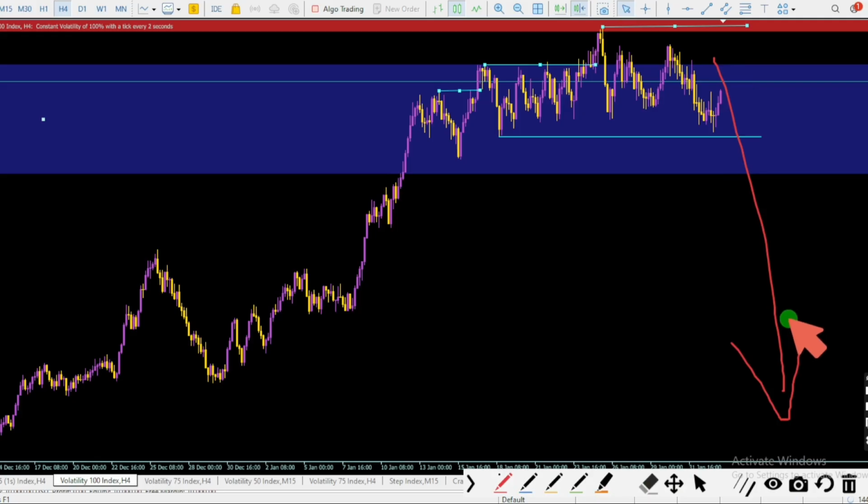So whatever happens, you can only scalp Volatility 100 at this point. If you are good with scalping, go down to the lower time frame and take trades, take fast trades, scalp the market, get out as fast as you can.